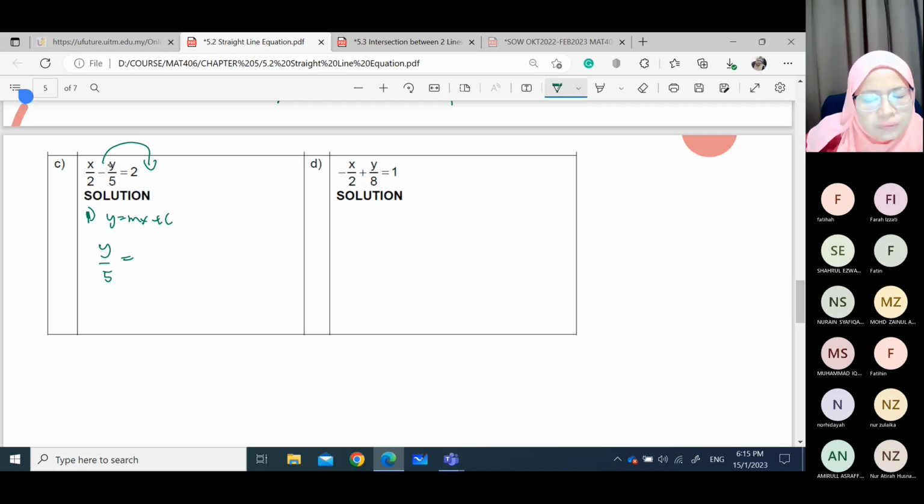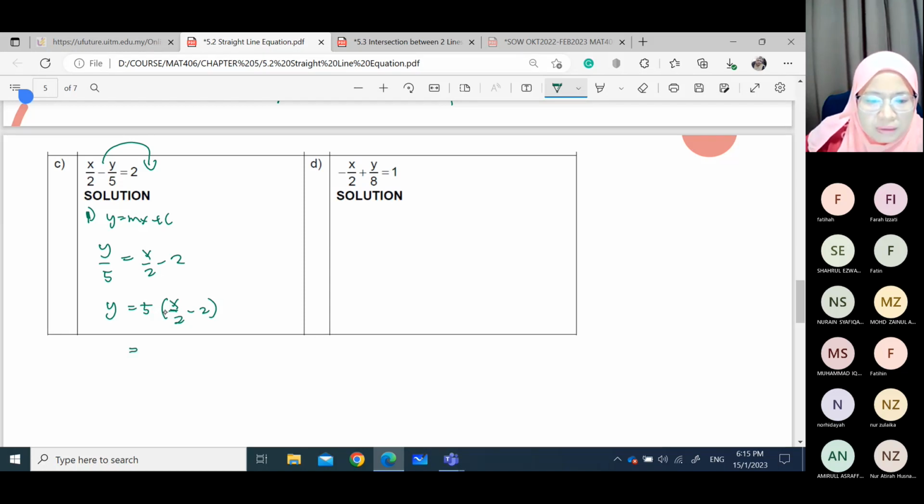It is equivalent with, nanti practice benda ni. So yang ni sebelah, so ini pergi ke sebelah sini, dia akan jadi minus. So x over 2 minus 2. Okay, so kita nak y saja di sebelah kiri. So kita darabkan, kita bawa 5 ke sebelah, dia akan jadi darab lah. So here we have y equivalent with 5 times x over 2 minus 2.